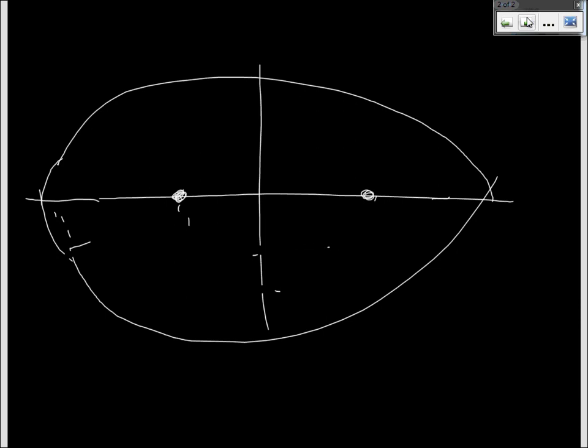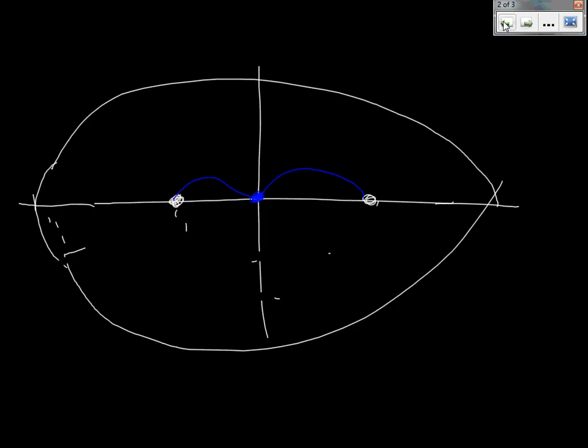The big difference is that each focus is at the center. So what really happens is the following. You have both ends of the string tied down. There's your string above.